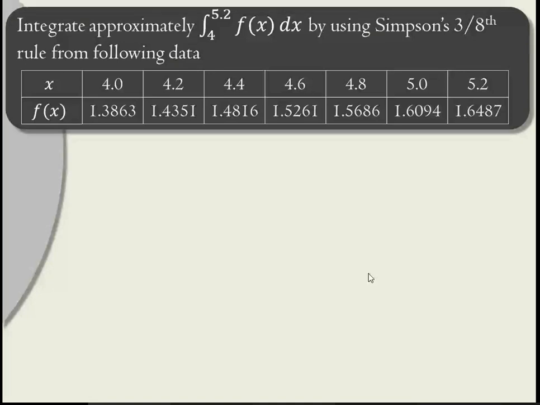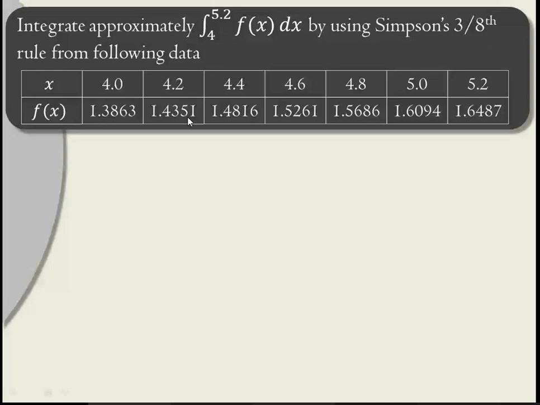Values of x are 4.0, 4.2, 4.4, 4.6, 4.8, 5.0, 5.2, and the function f of x at the corresponding values of x are 1.3863, 1.4351, 1.4816, 1.5261, 1.5686, 1.6094, and the last value 1.6487.